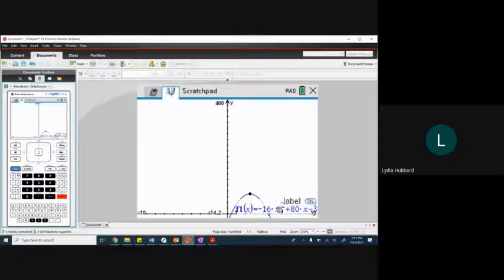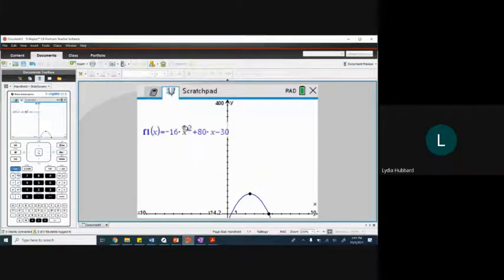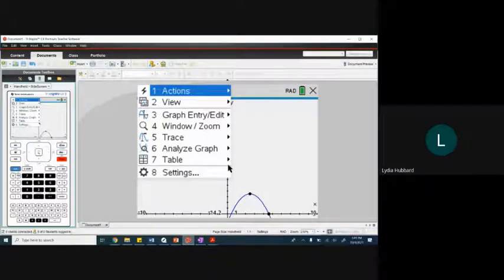Now we have a new graph here. It looks shifted down, which is essentially what it should look like. Now we want to figure out where this ball is going to have its zeros. Its zeros are technically where it's hitting 300 feet, because we've shifted this down 300 feet. That's how we know that these zeros are occurring.